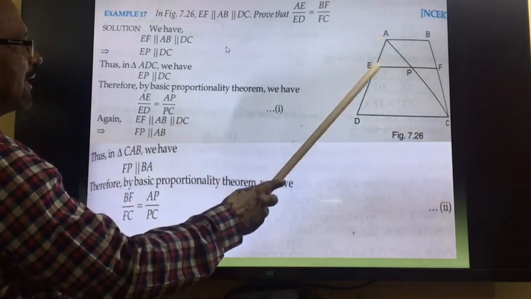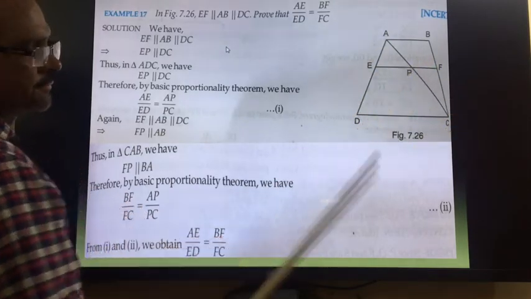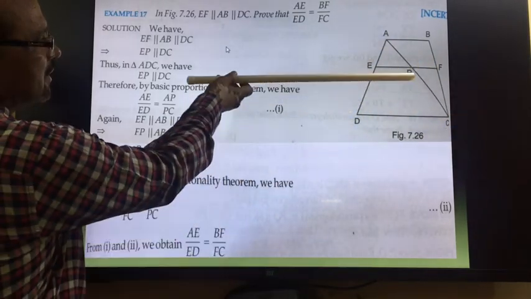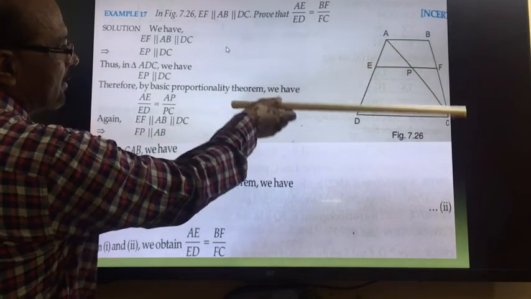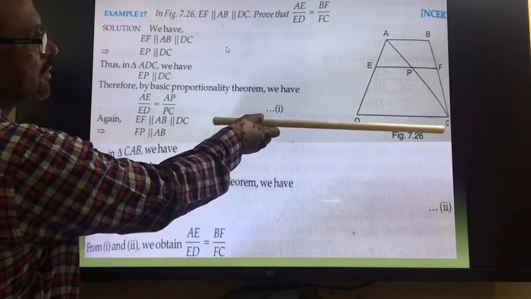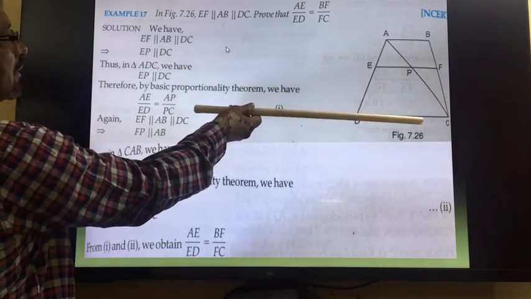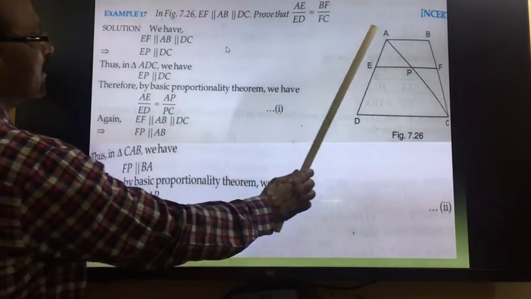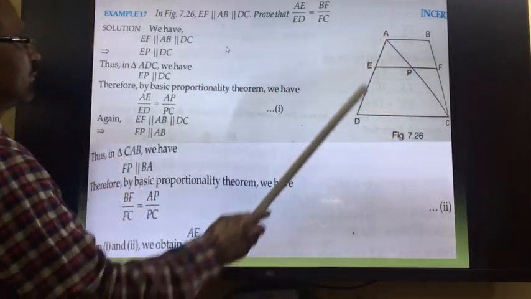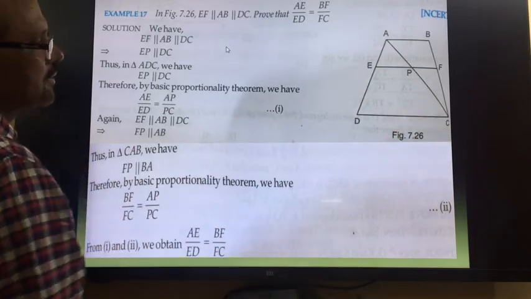So we can write AE upon ED is equal to AP upon PC. Why can we write this? Because EF is parallel to DC, so EP is also parallel to DC. So if one line is drawn parallel to one side, then it will divide the other two sides in the same ratio. So we can write AE upon ED is equal to AP upon PC.